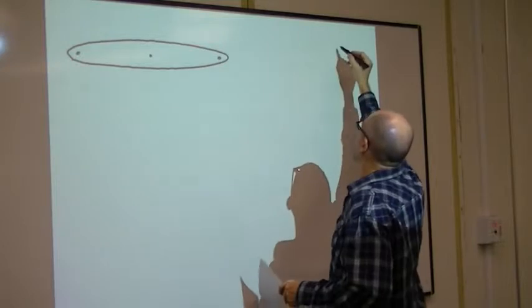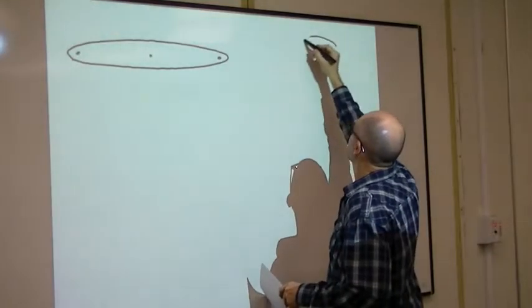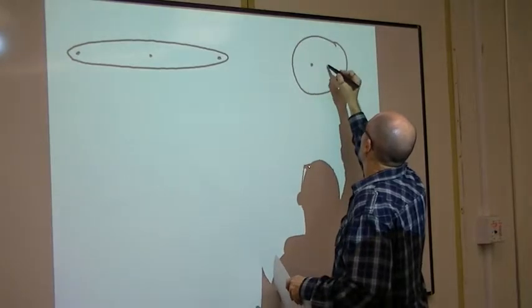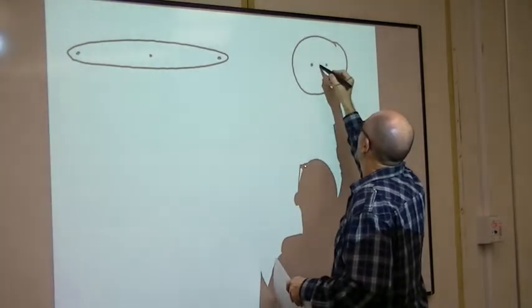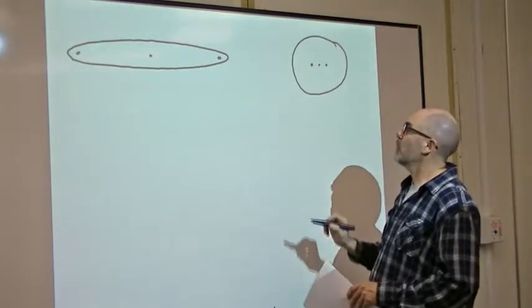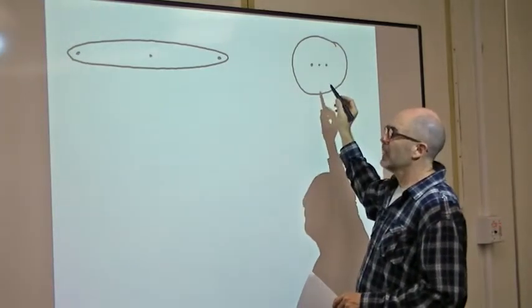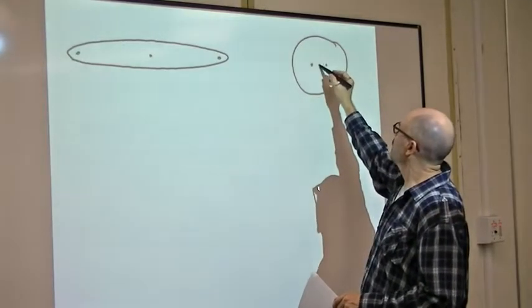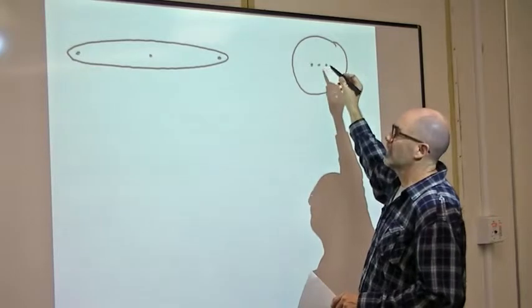If we've got a short, fat ellipse that's practically a circle, then the foci are going to be close to the center. Now, if we have an exact circle, then that means the center will be the foci.